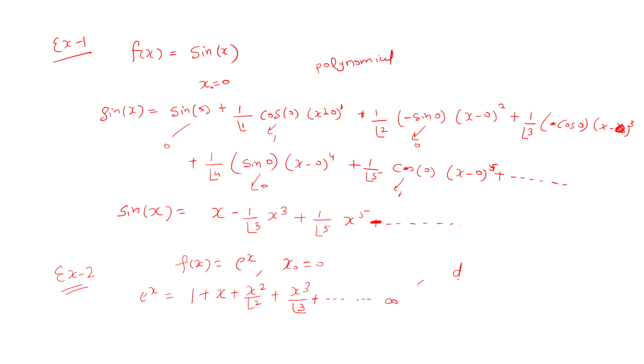Since d over dx of e to the power x is e to the power x, and we know that e to the power 0 will be 1. This way we can expand any function in terms of a polynomial.